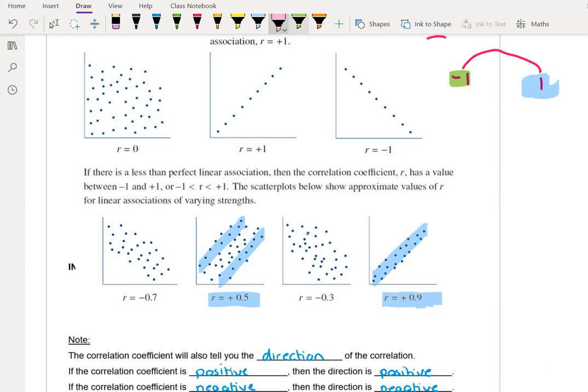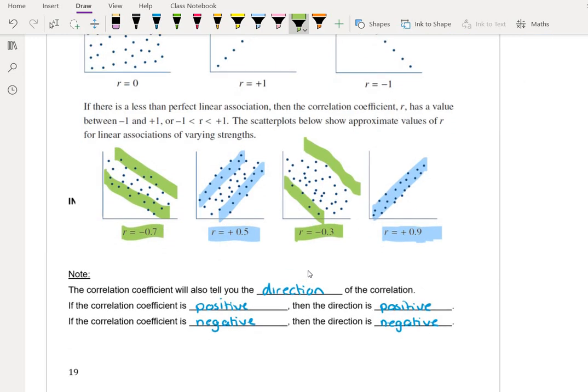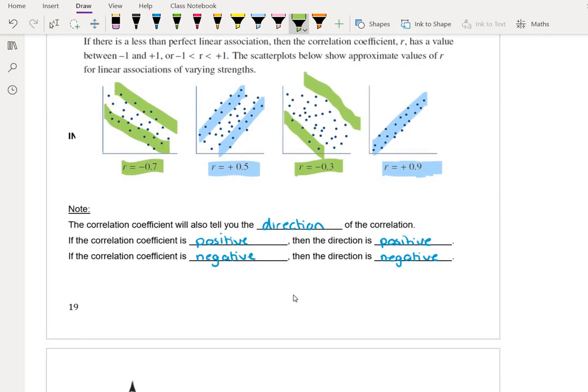Same applies for the negatives. If it's -0.7, fairly strong straight line. -0.3, very weak straight line, so very wide. And anything lower than that, you'll see it's almost random. You can't really tell there's association there.